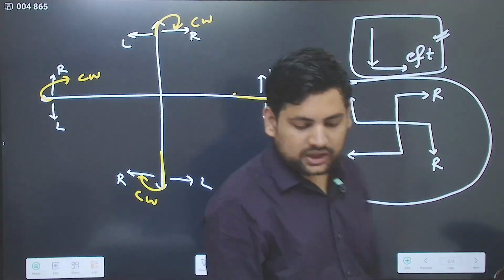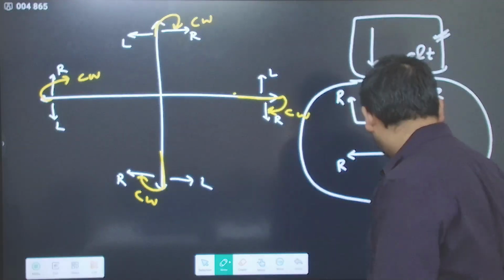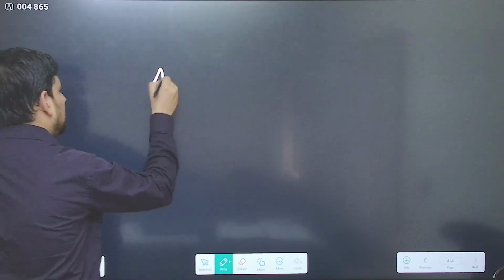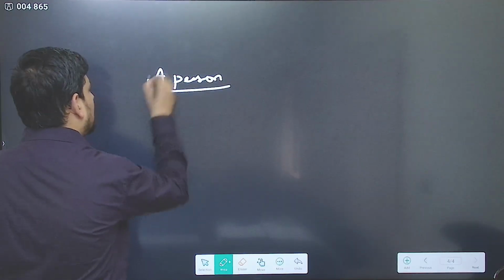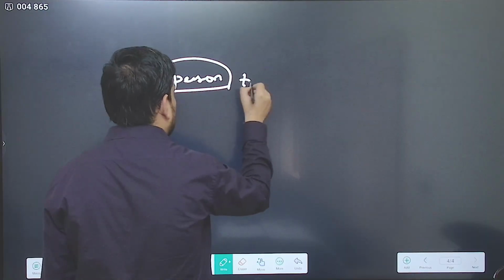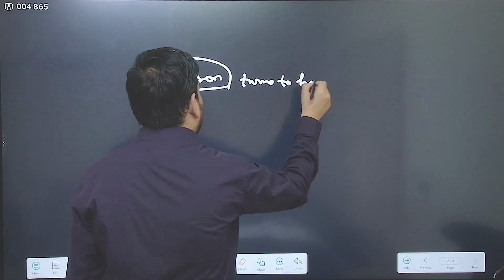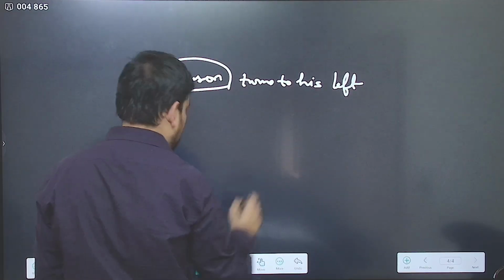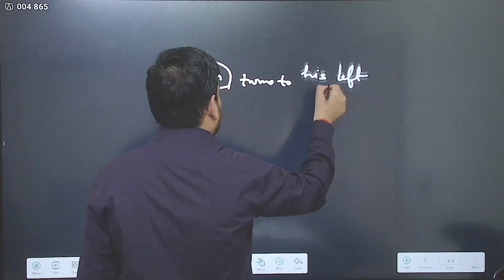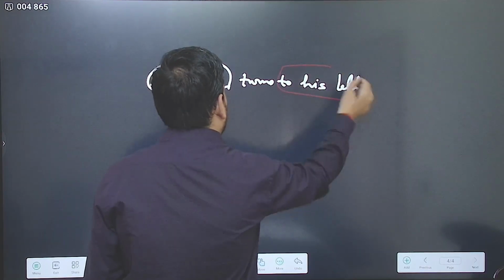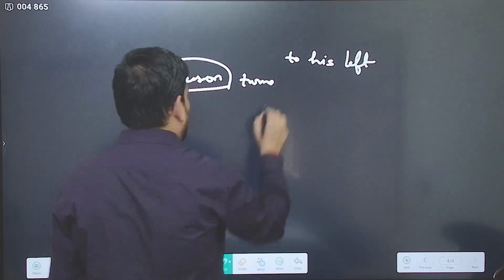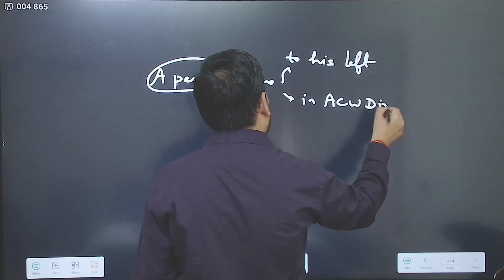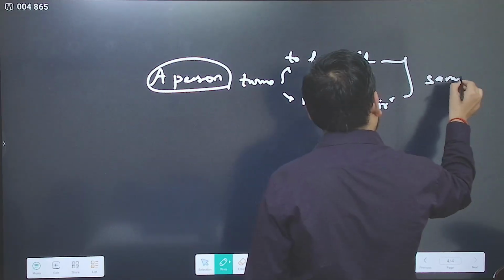That means simply you can remember two things: whenever it says that a person turns to his left, or turns in anti-clockwise direction, this means the same thing.